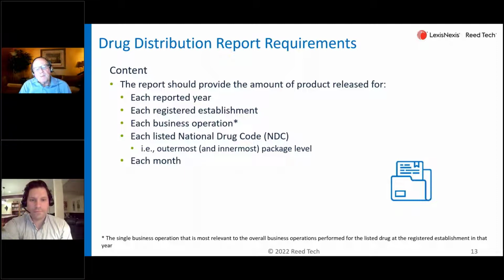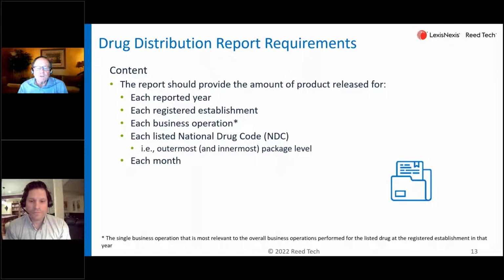But for an establishment, for a particular business operation, there could be one to many individual products that are manufactured or processed in some fashion. So there is a national drug code that needs to be identified for each of those drug products, and you'll always report the outermost packaging level.